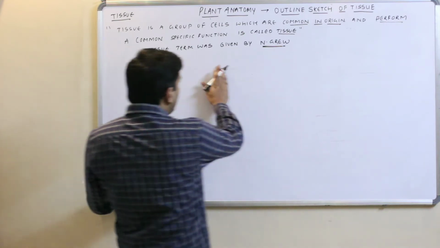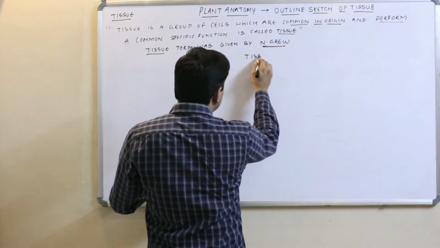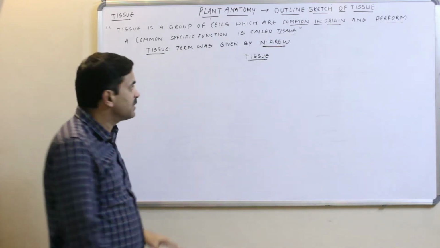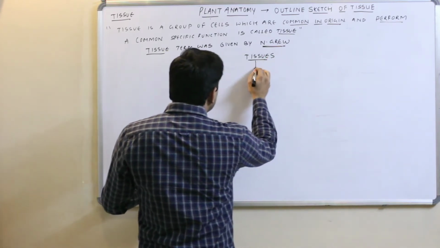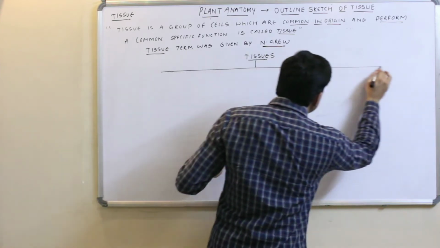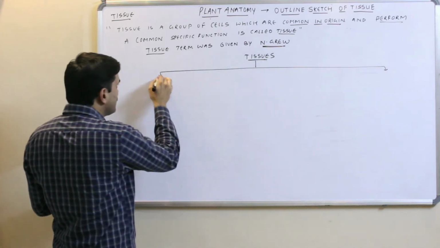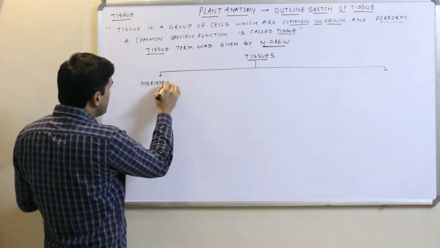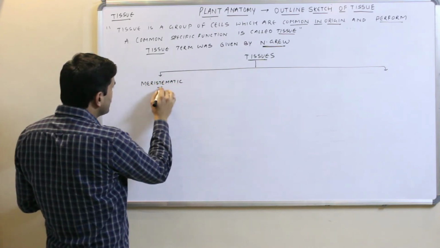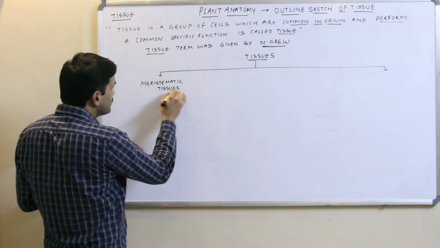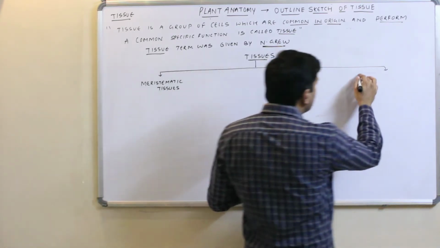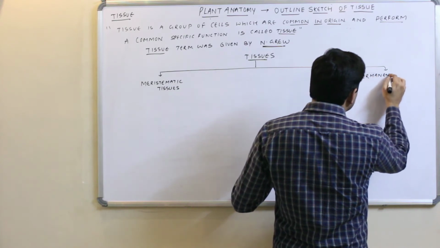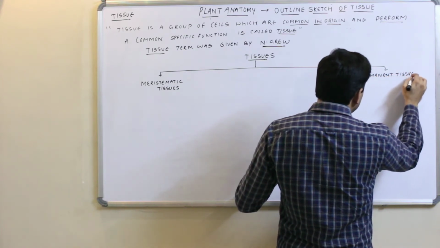Now let's talk about how many types of tissues there are. Tissues are basically classified into two categories. One is known as meristematic tissues and another is known as permanent tissues.